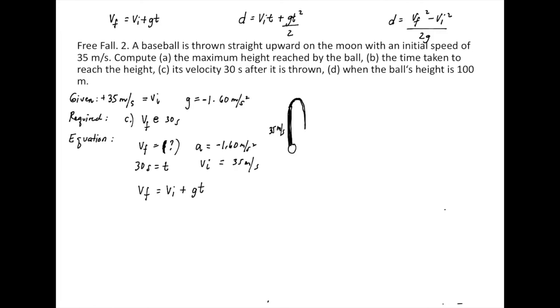Since we're looking for the final velocity, we could simply substitute our variables. We have here the Vi, which is 35 meter per second, plus the value of G, negative 1.60 meter per second square, times the time, which is 30 seconds.